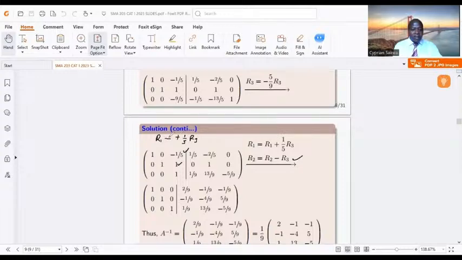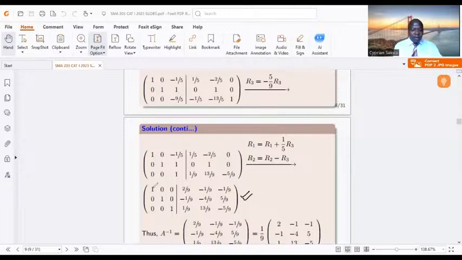This minus and that other minus will give you positive. So row 1 will be obtained by row 1 plus 1 out of 5 of row 3. So now when you do these operations, this is the matrix you get.